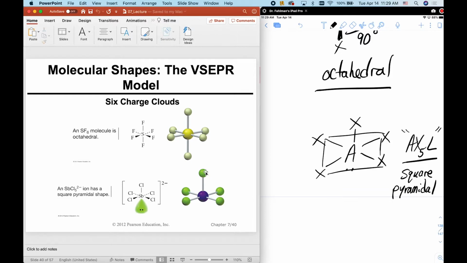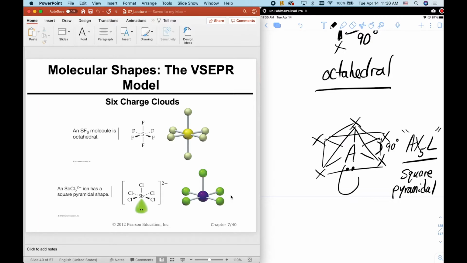Again, it's a pyramid because you can draw a pyramid from all of those up: from this plane up to there is a pyramid. As far as angles, all these angles are still going to be 90. They're on a different plane than that lone pair.